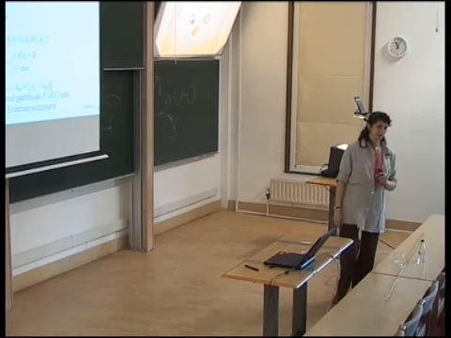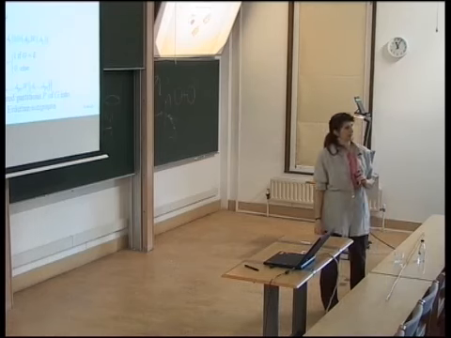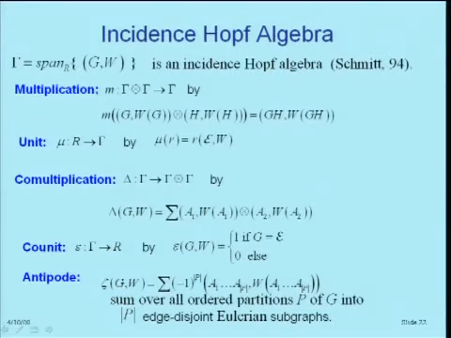Nigel Ray, and somebody can help me out here, in the 80s or 90s, with one of his students, Green, thought they had something like this, and it was a little shaky. A Hopf algebra structure for the Tutte polynomial, or something that you could recover, would give us a phenomenal amount of information. We don't have it.